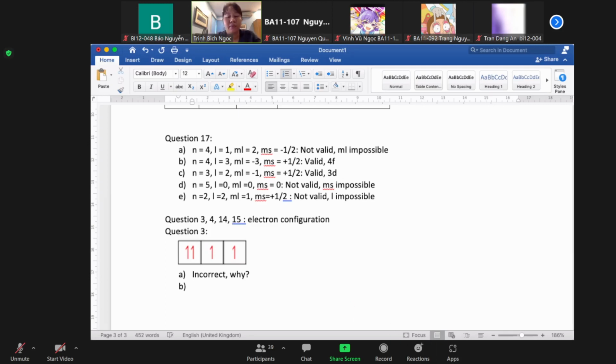And then please correct it. How do we correct this diagram? And then, this element belongs to which group in the periodic table? Okay. Who has done this exercise?